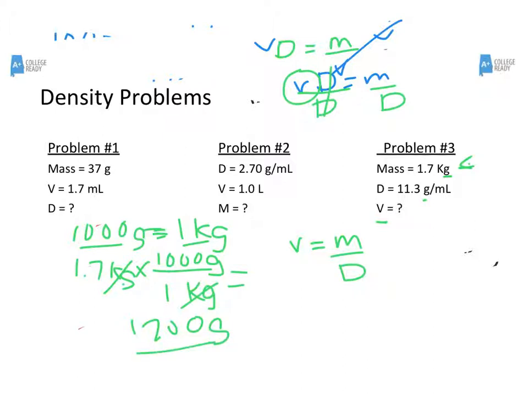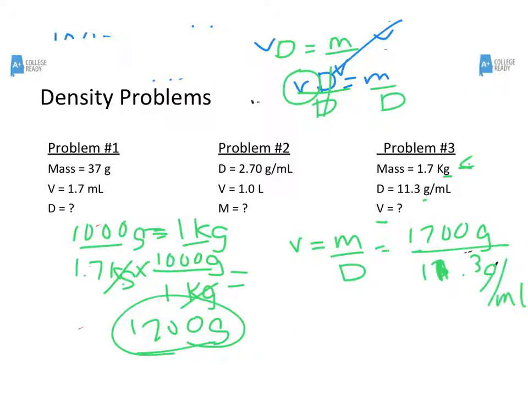So now I can substitute these 1,700 grams for my kilogram. So my mass is going to be 1,700 grams divided by my density, which is 11.3 grams per mL. Now notice how the grams cancel and mLs are under two division signs, this one and this one.